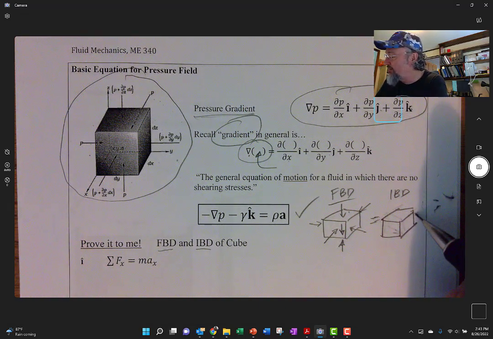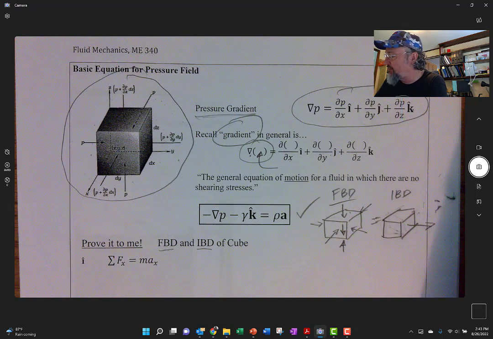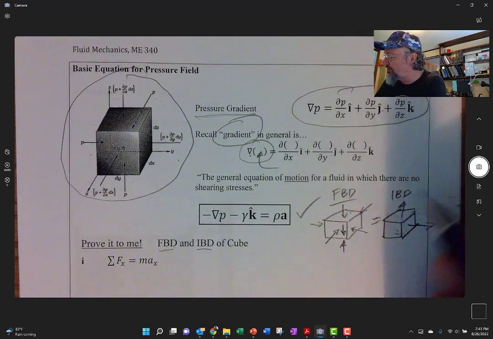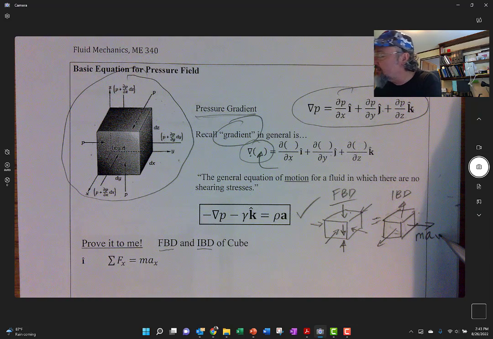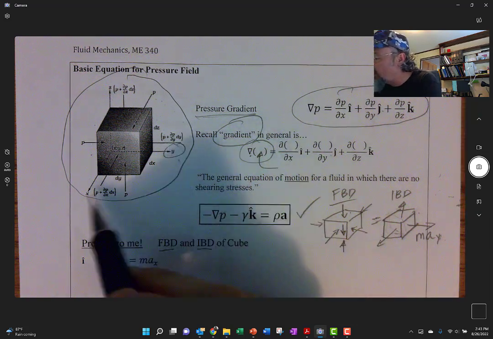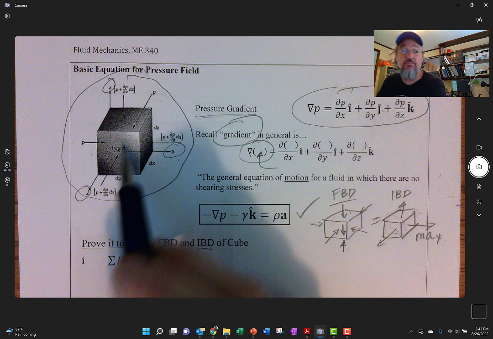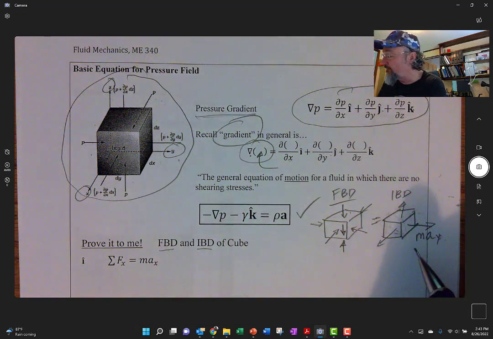And then we might also see that we have motion, and I will pull all the motions in the positive direction. And we'll have mass times acceleration in the, in this case, the Y direction, X direction, and Z direction based on this figure right here.